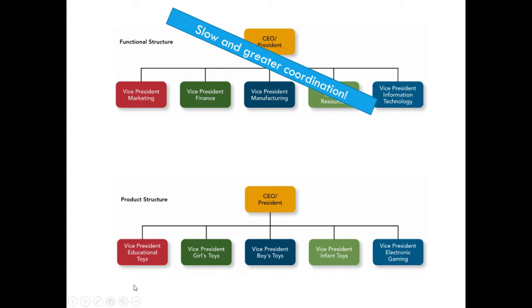Therefore, organizing by products tends to duplicate functions and resources and emphasizes the product rather than achievement of the organization's overall objectives. However, it simplifies decision-making and helps coordinate all activities related to a product or group of products.